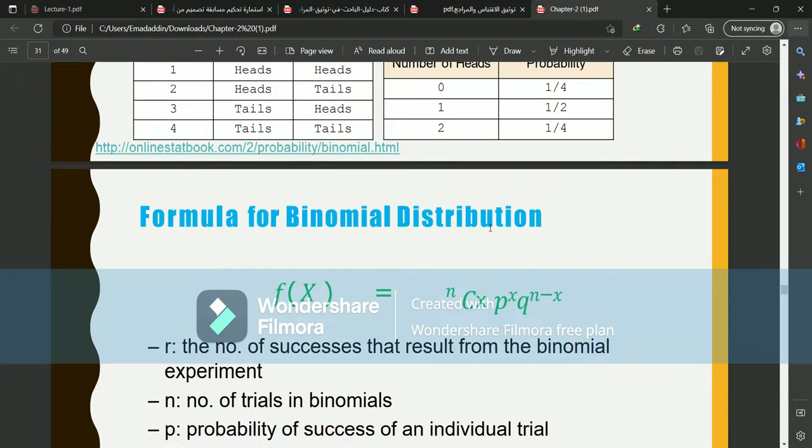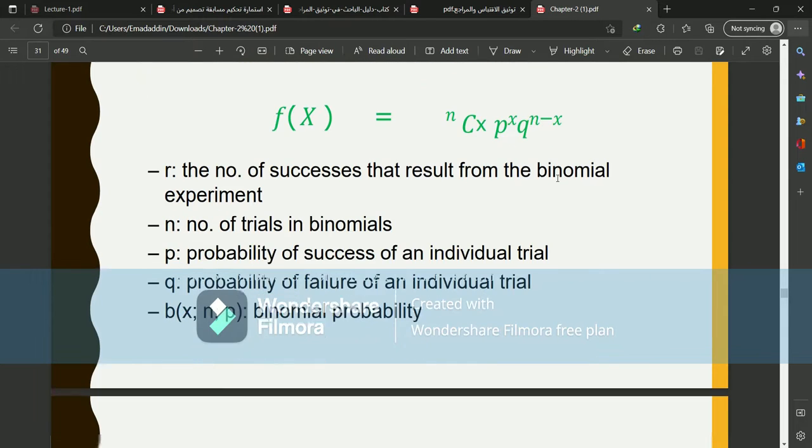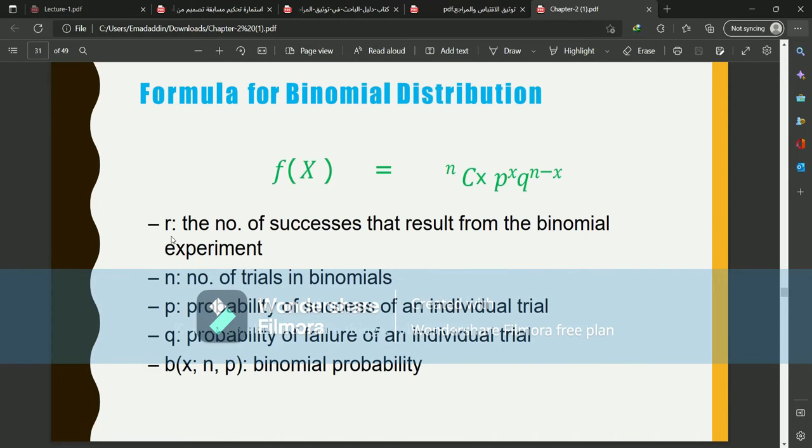Formula of binomial distribution: f(x) equals nCx times p to the power of x, q to the power of n minus x, where x is the number of successes that result from the binomial experiment, n the number of trials, p the probability of a success on an individual trial, and q the probability of failure on an individual trial.